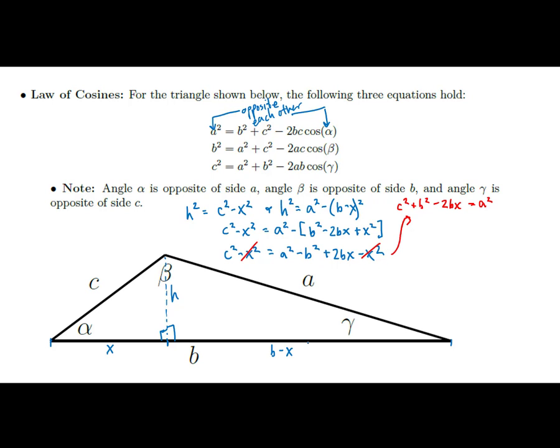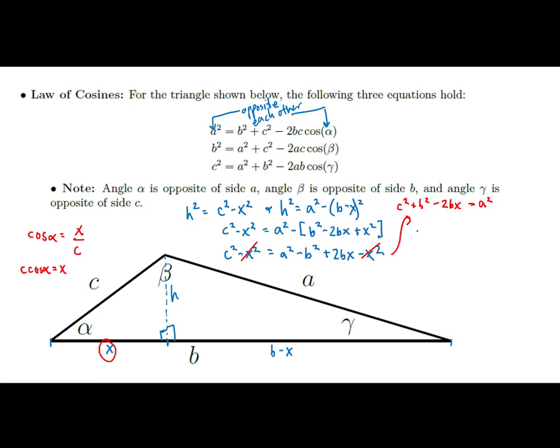Well, let's think about that for a second, though. This x right here is the side of a right triangle. So I know that the cosine of alpha is equal to x over c, which means that c times the cosine of alpha is equal to x.